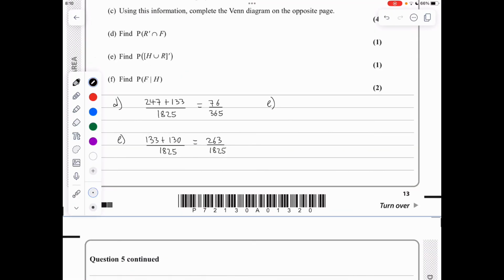So the numerator will be 247 plus 481 over the probability of being in H. So 40 plus 123 plus 247 plus 481, and this gives an answer of 728 over 891.